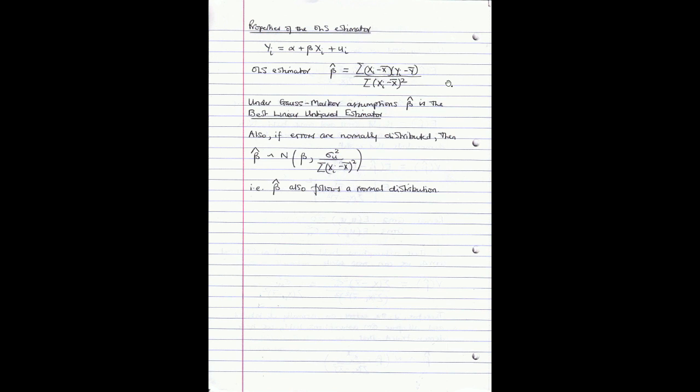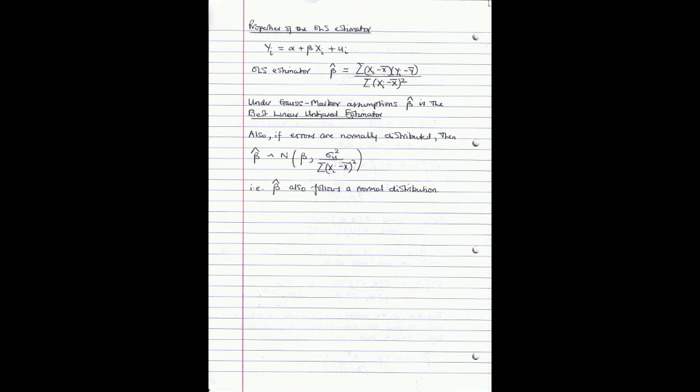So there are two sets of assumptions that are critical here. There's the Gauss-Markov assumptions, which we need to show that beta hat is the best linear unbiased estimator. But that's not quite enough to derive the distribution of beta hat. We also need to make a specific assumption about the distribution of the errors if we are to derive its distribution. The assumption we make is that the errors follow a normal distribution.